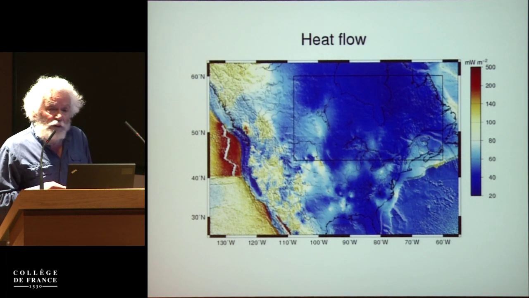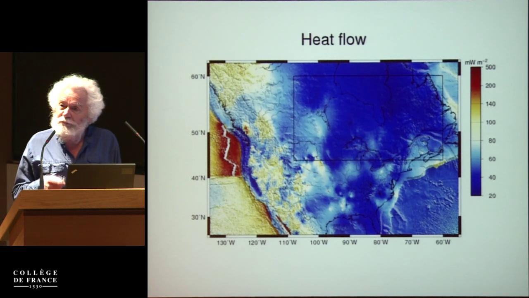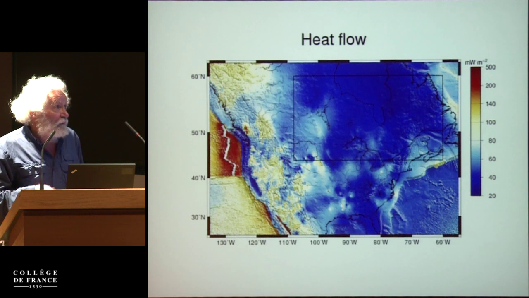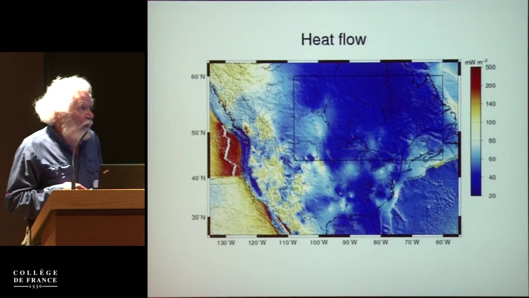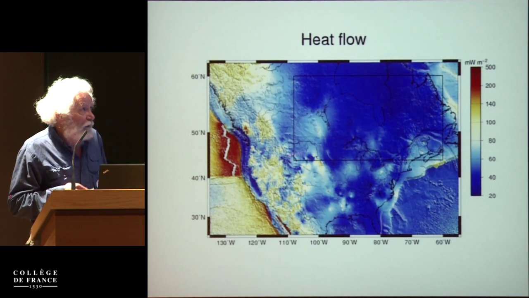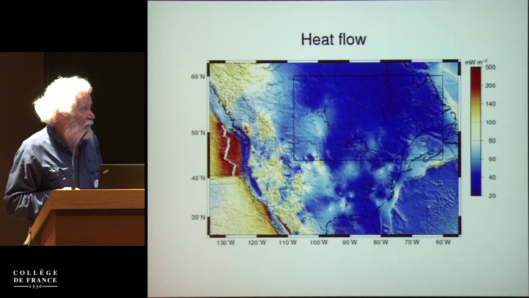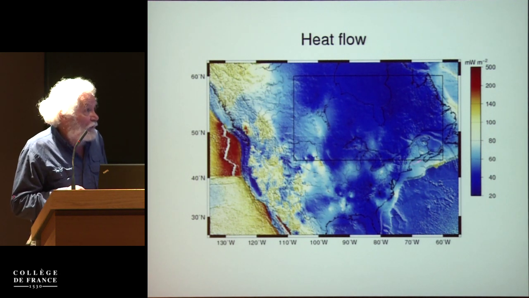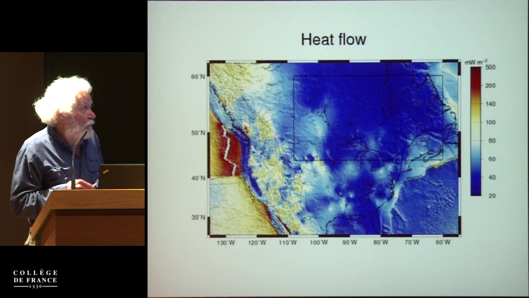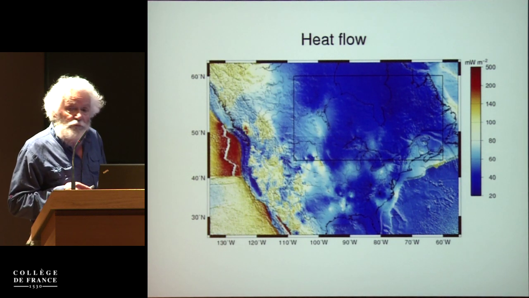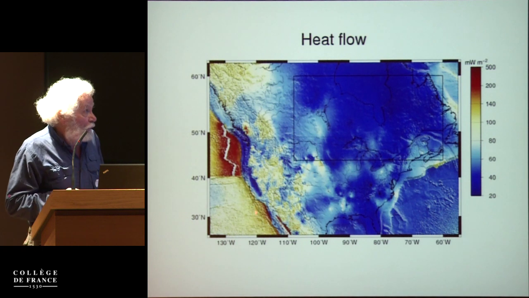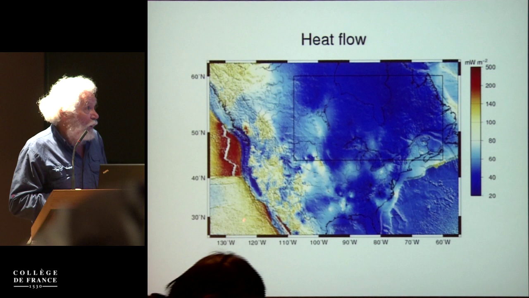Now I'm going to focus on North America. This is the heat flow map of North America, and just to point out, there is a large contrast between the eastern part and the western part, both in the ocean and in the continent. The Pacific margin is young and hot.